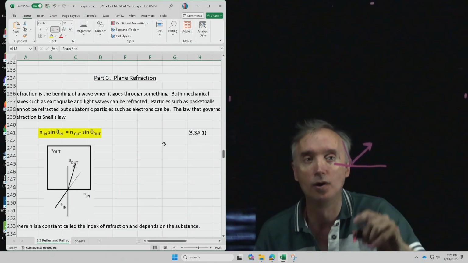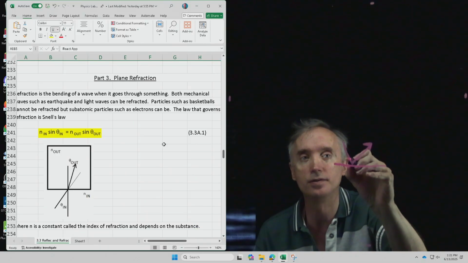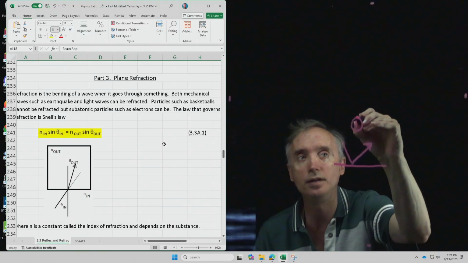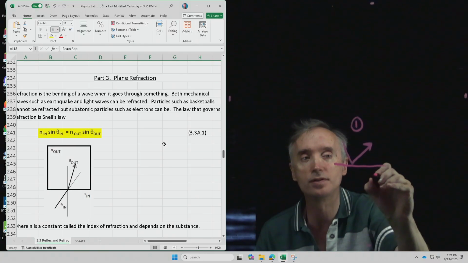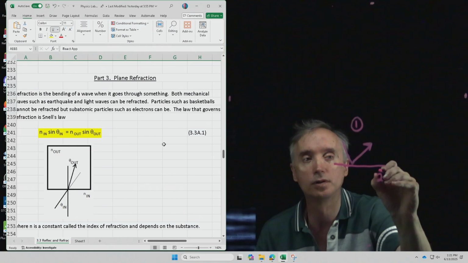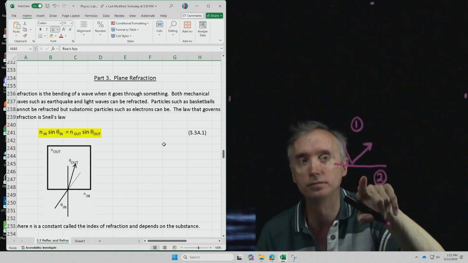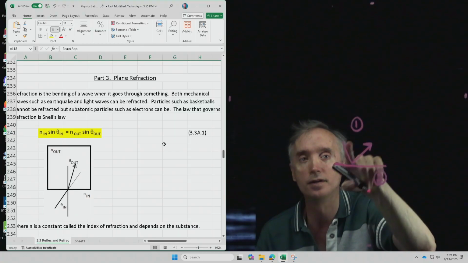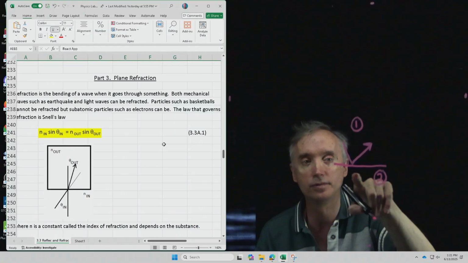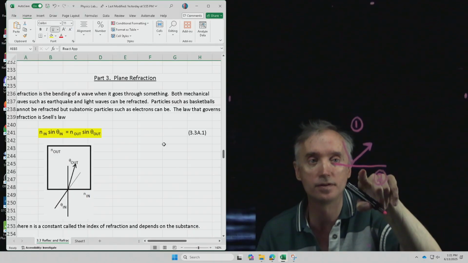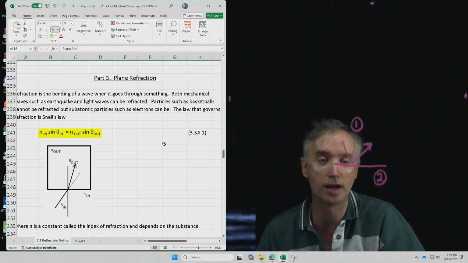This time, what's going to happen is the light is going to go from substance number 1 into substance number 2. So this could be air, this could be water, or this up here could be the glass, and then this down here could be the air.